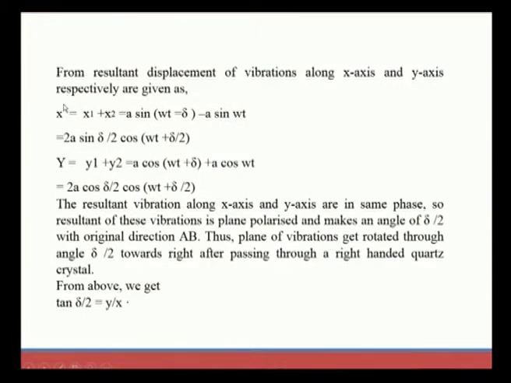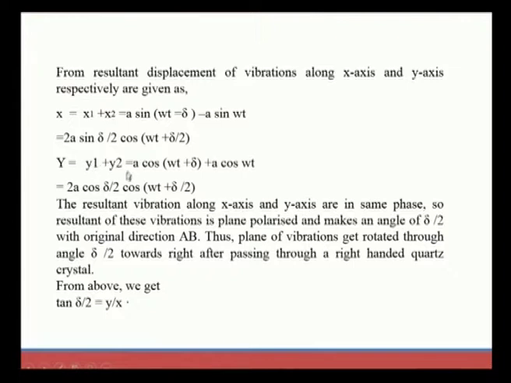The same first steps are followed: the resultant x is x1 plus x2. Substituting the x1 and x2 values, we get x as 2a sin(delta by 2) cos(omega t plus delta by 2), and y is equal to y1 plus y2.